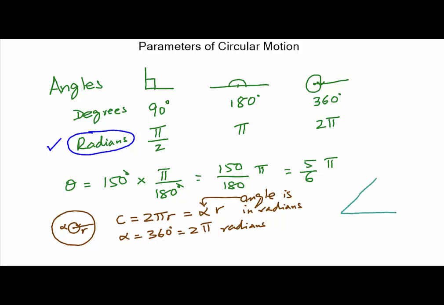So for example, if I have an arc over here that is a part of a circle and it subtends an angle of theta, as long as theta is in radians, the length of the arc, let's call it S, arc length will be equal to the radius of the arc times the angle that it subtends. But this will only work if the angle is specified in units of radians.